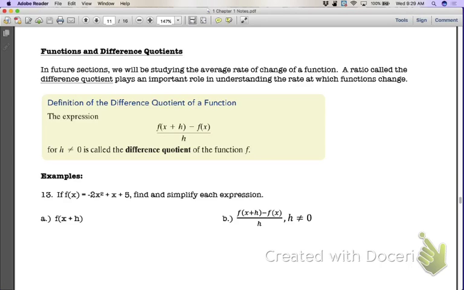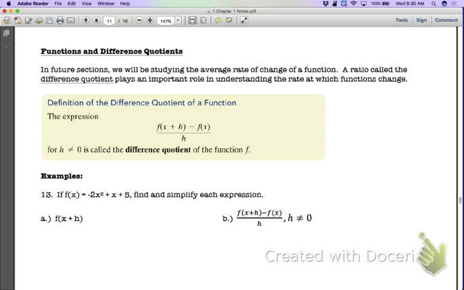Okay? Because what it does is talk about the average rate of change, whereas if you have a quadratic or a cube or an exponential, things like that, you want to see how fast it changes over a certain amount of time.